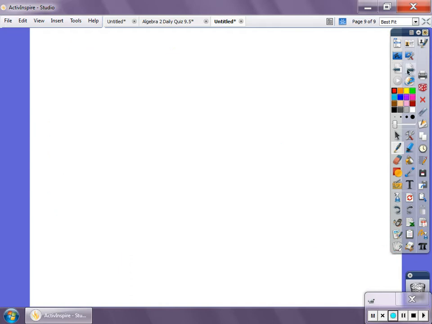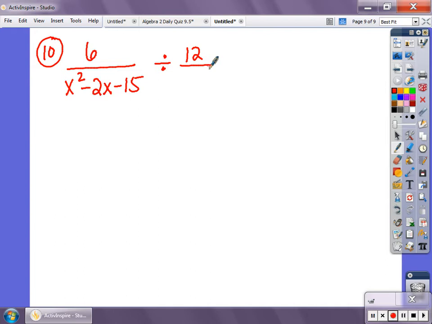Okay, last division problem we're doing is number 10. We have 6 over x squared minus 2x minus 15 divided by 12 over x minus 5.